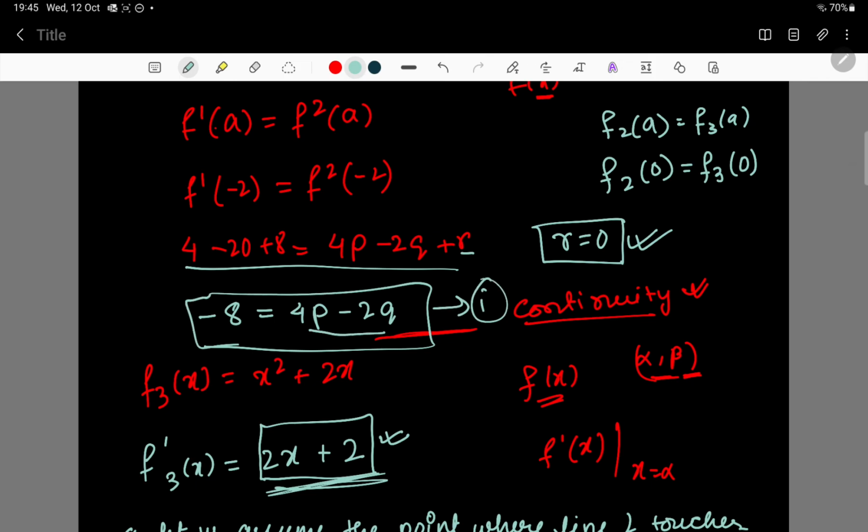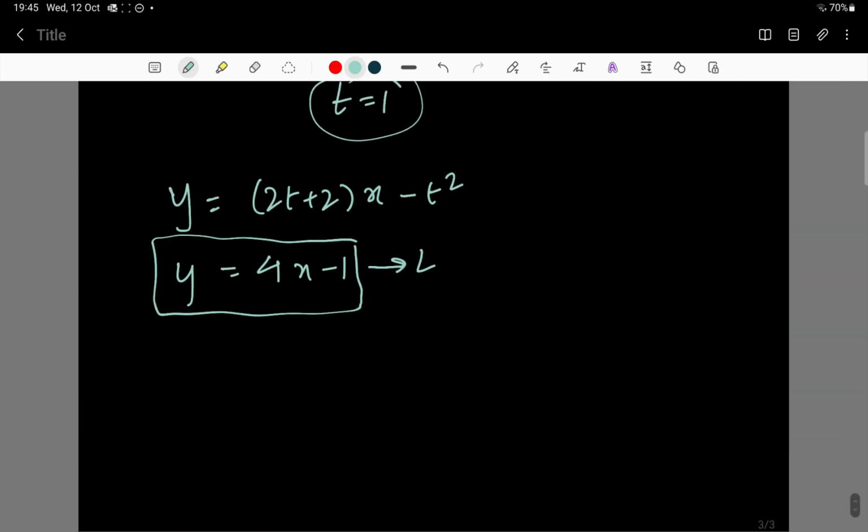Since there are two variables, we could not solve for the values of p and q from this single equation, right? Or we will get multiple values of p and q. So we needed one more equation that we can get from this one. So px square plus qx, right, equals 4x minus 1, since y, right?